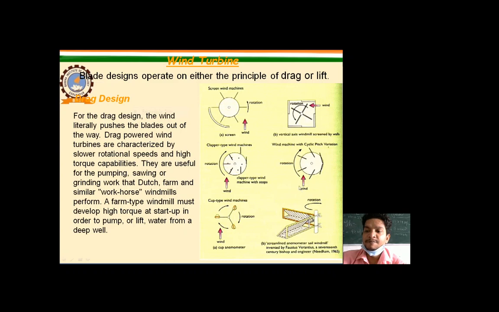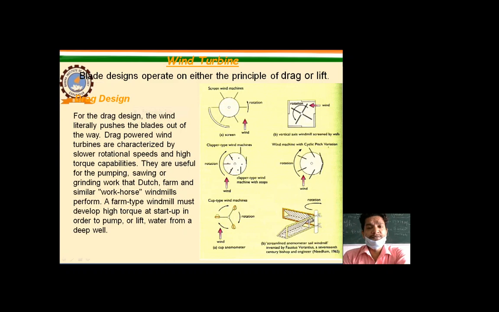Here you can see the rotation of the wind machine takes place when the wind flows. Now if we talk about the cup anemometer, then what happens? The wind flows in that direction, and the cup is mounted on these legs. I think there are 3 cups, and when the wind flows on these cups, finally we get the points regarding the wind turbine.